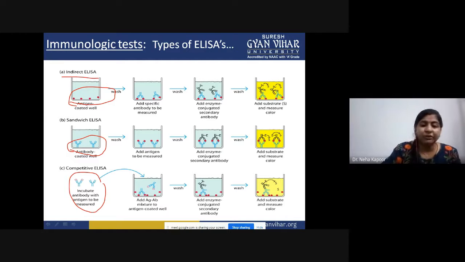In case of indirect, you add the primary antibody, then secondary antibody linked with enzyme, then you add the substrate. However, in all these three types, the last two steps remain the same, that is addition of secondary antibody linked with enzyme and substrate solution. The only difference is between the first step and second step.